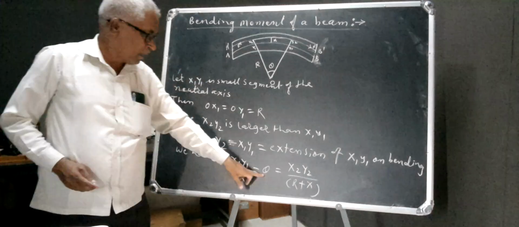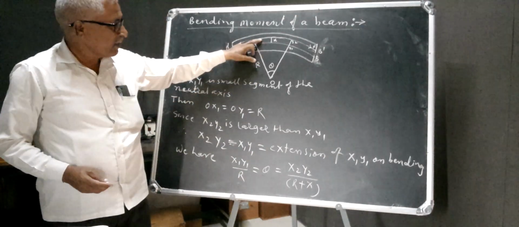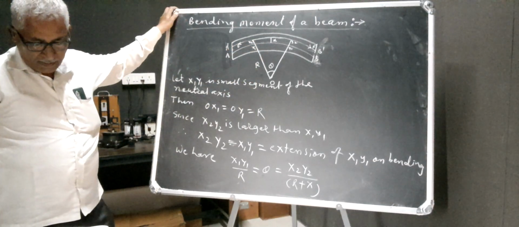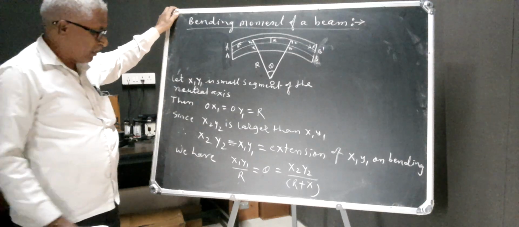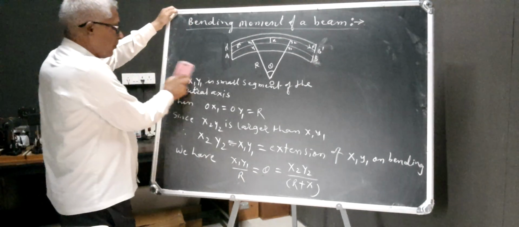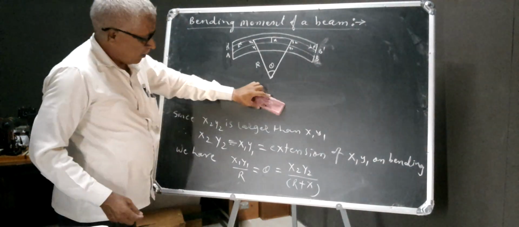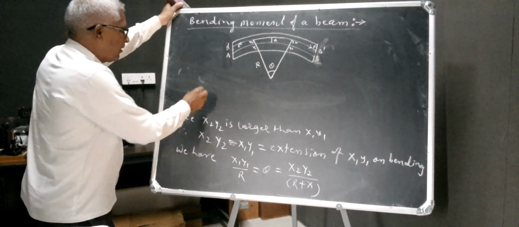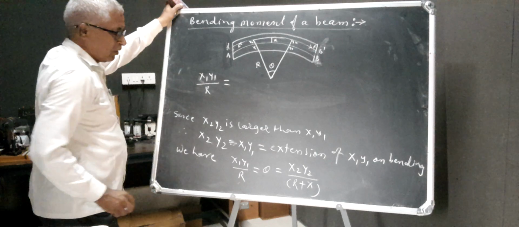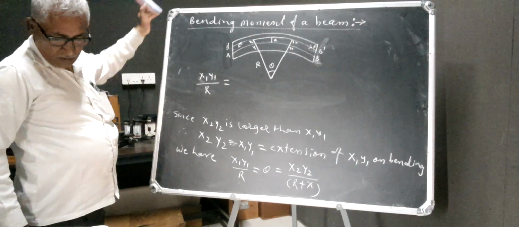This gives the angle theta, which is calculated as arc length divided by the radius. Therefore we can write x1 y1 upon r equal to theta.